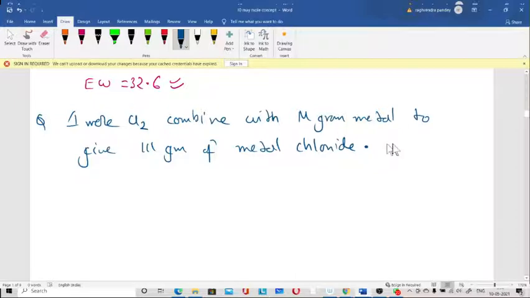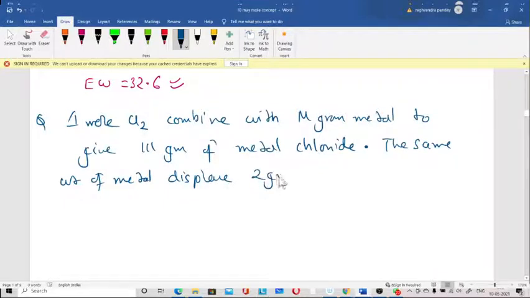The same weight of metal displaces 2 gram hydrogen from acid.